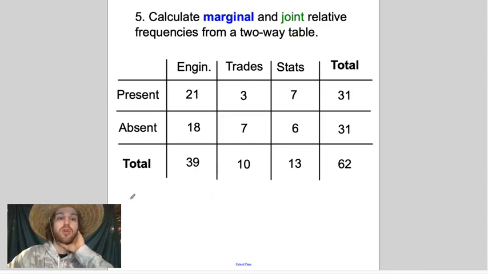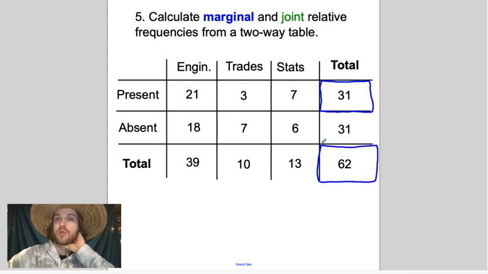So marginal relative frequency is basically just for one of the categories. It is like what percentage of the people were present. That's a marginal relative frequency. So to calculate what percentage of the people were present, you're really looking over in the totals in the chart. So 31 were present out of 62.